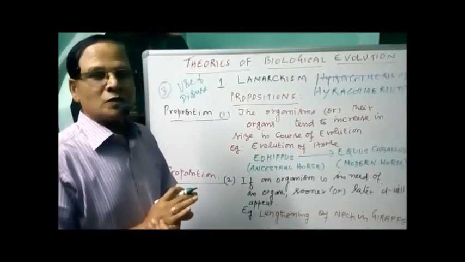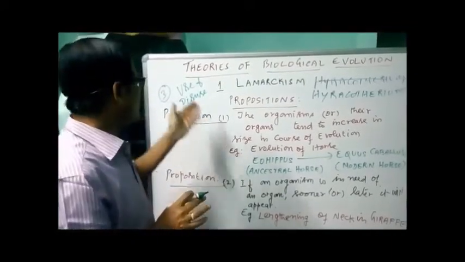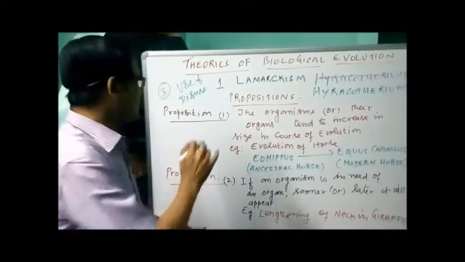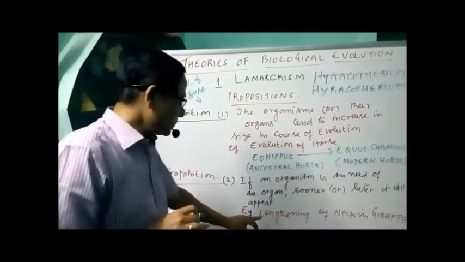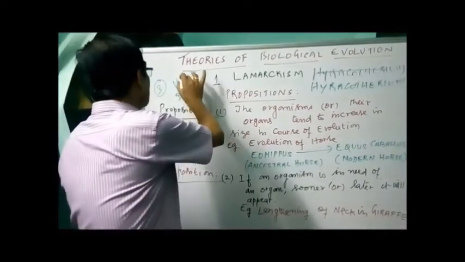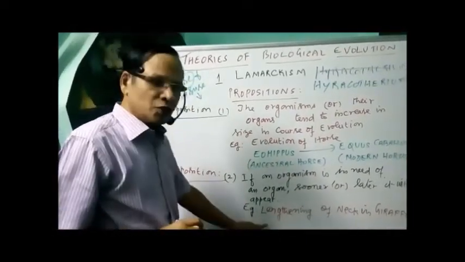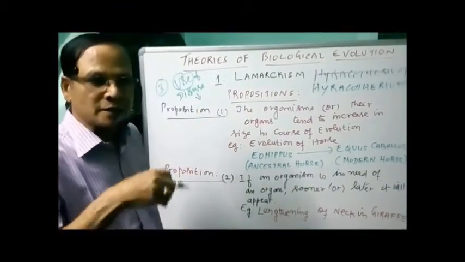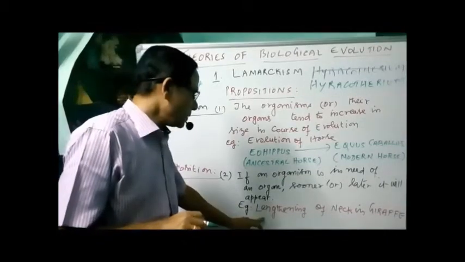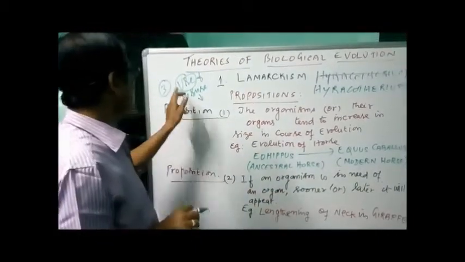For example, vestigial organs are an example for disuse. The lengthening of neck in giraffe is an example for use. Because of the continuous use, the neck has been increasing in length.